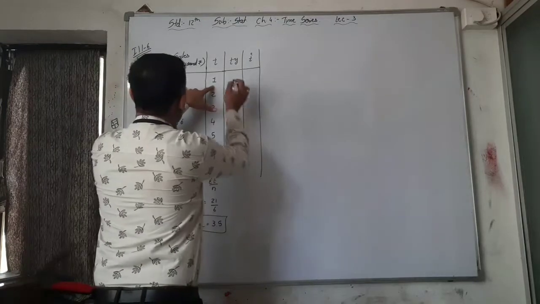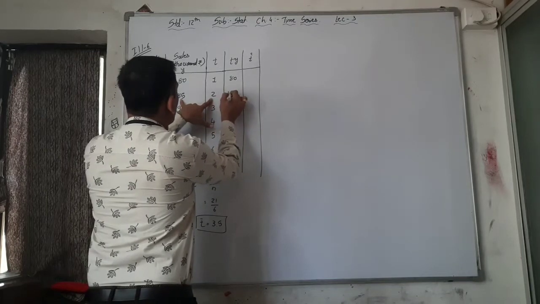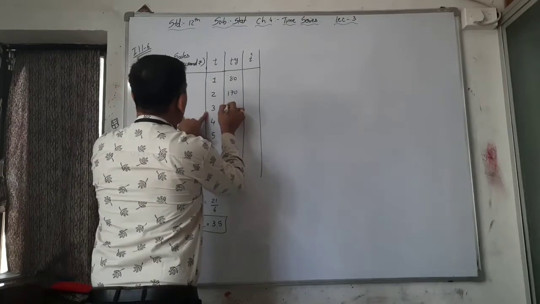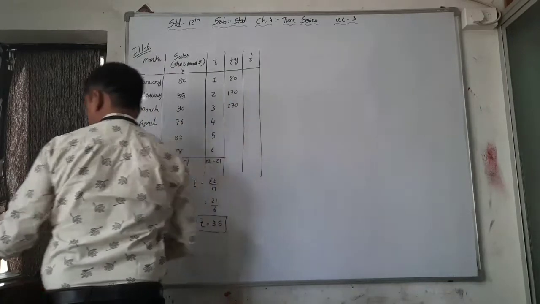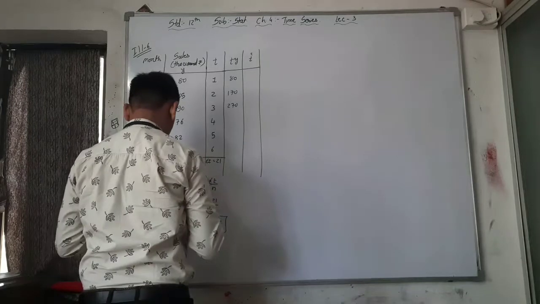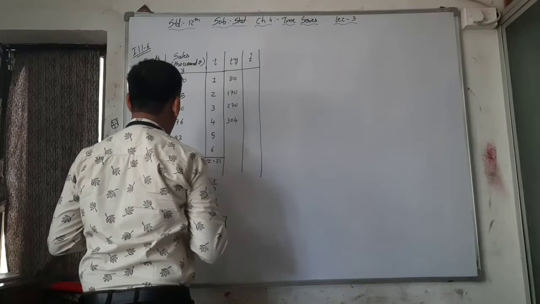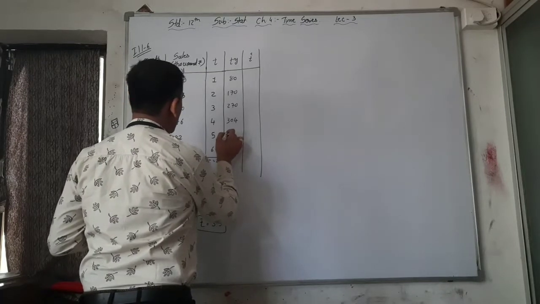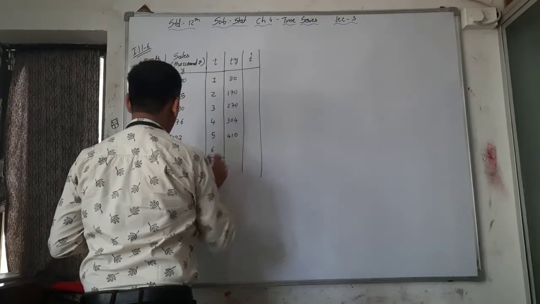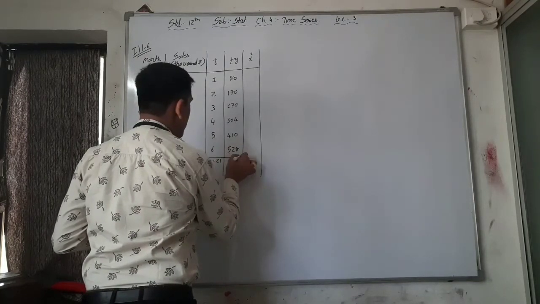So Ty: 80 into 1 is 80, 85 into 2 is 170, 90 into 3 is 270, 76 into 4 is 304, 82 into 5 is 410, and 88 into 6 is 528.